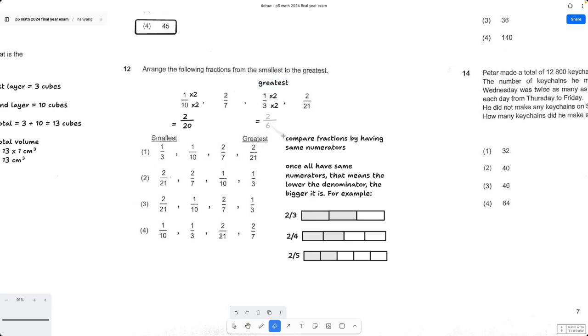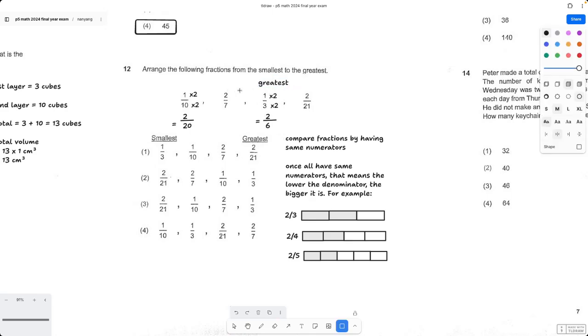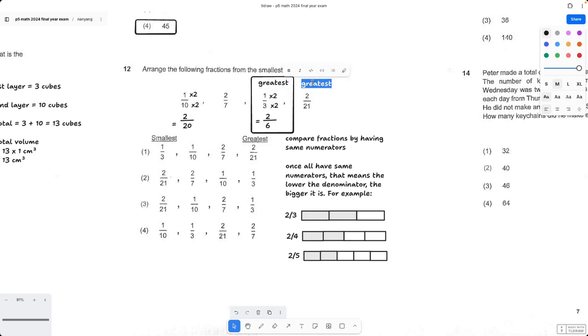I'm gonna draw a rectangle like this. Right? 2 over 6. Then which one is the smallest? The smallest is 2 over 21. So I'm gonna put here smallest. Okay. So 2 over 21 is the smallest and 1 over 3 is the greatest.